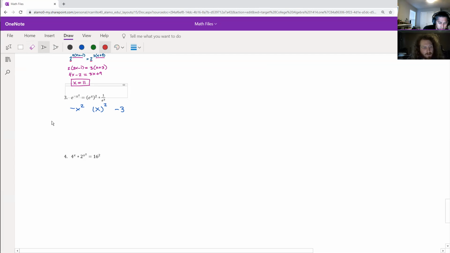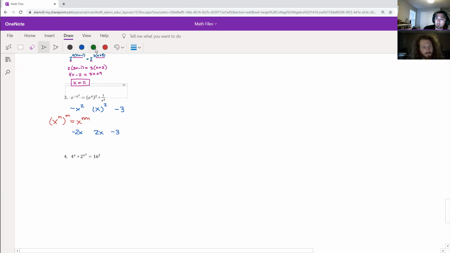I know, based off of my exponent rules, that if I have x raised to the n raised to the m, that is the same thing as saying x raised to the n times m. So this one right here is going to be negative 2x. And then also this one can just be 2x. And then we get good old negative 3.